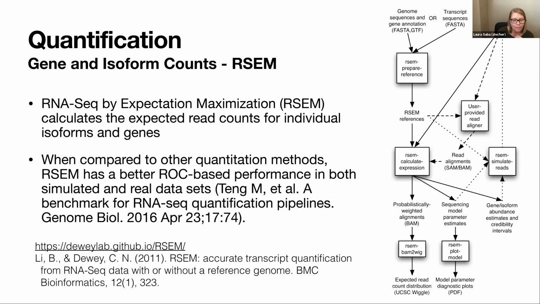Back in 2016, one group compared several different of these quantitative measures, and RSEM in the real data set was near the top, wasn't first, but second, but very close. And in the simulation, it well outperformed the other methods.